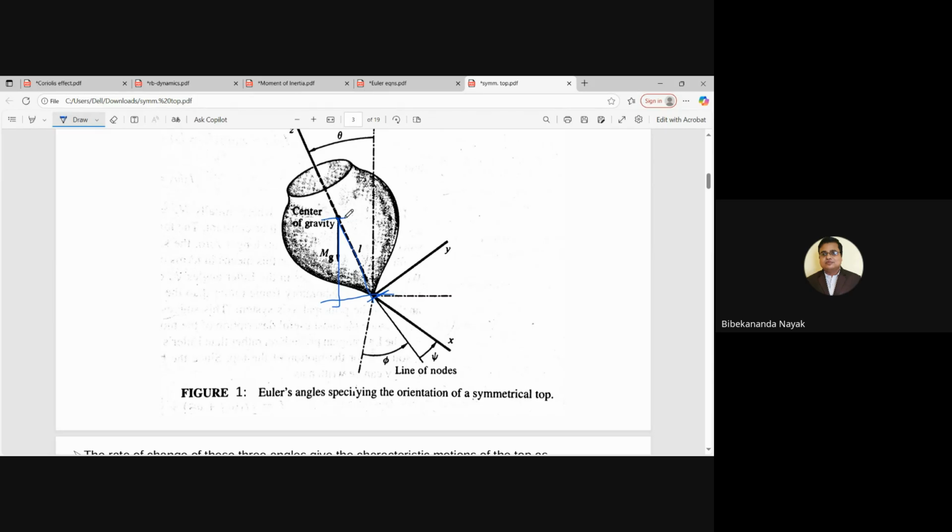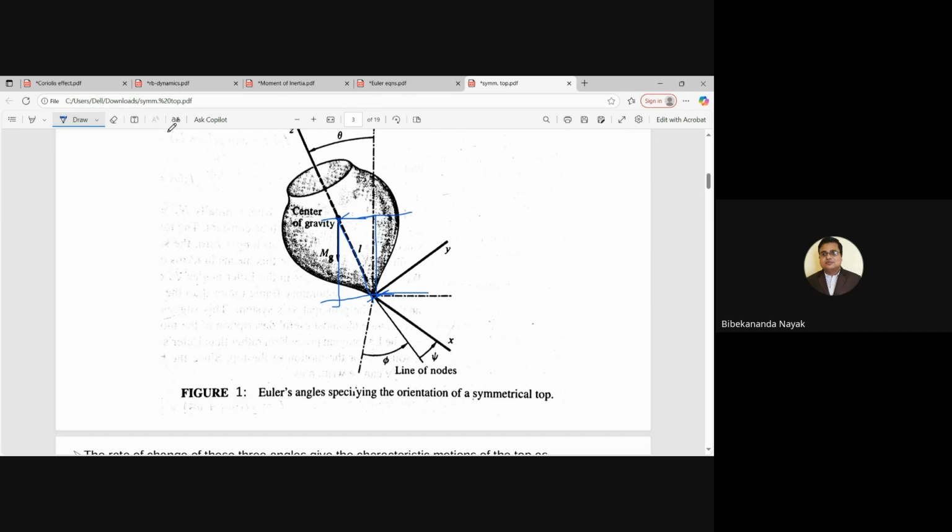If this is L and this angle is theta, what is this distance?